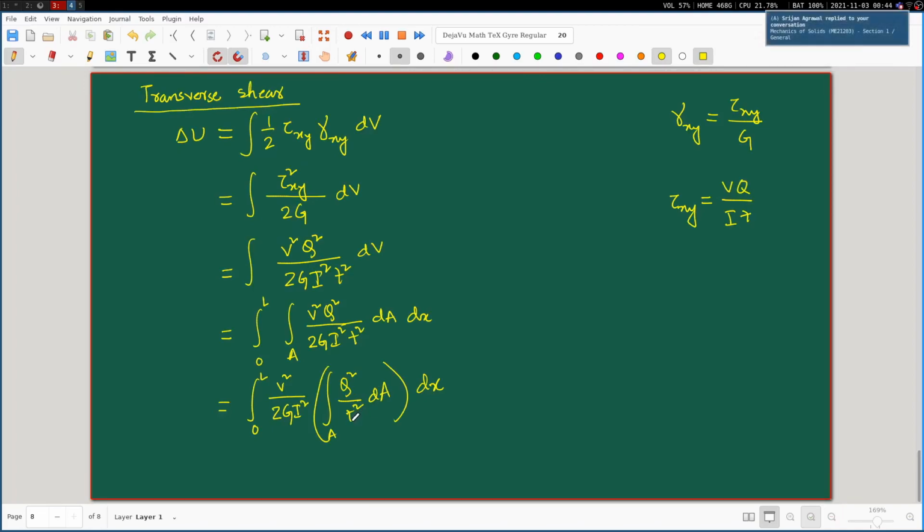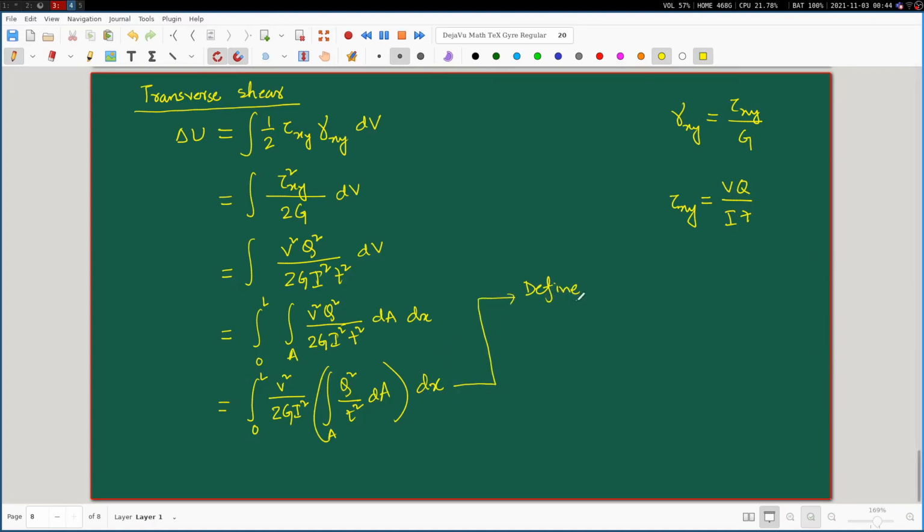What we'll do is we will define something called a form factor for shear. So it's something like this. This is the flow.